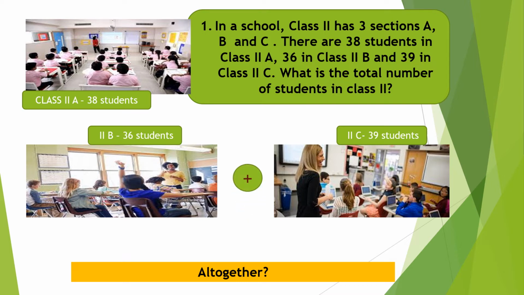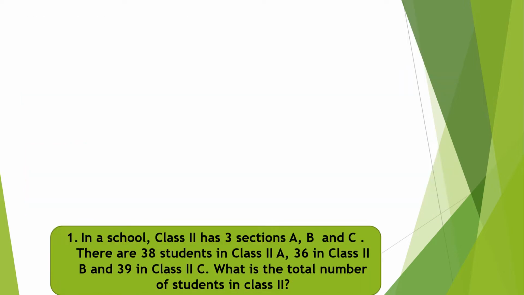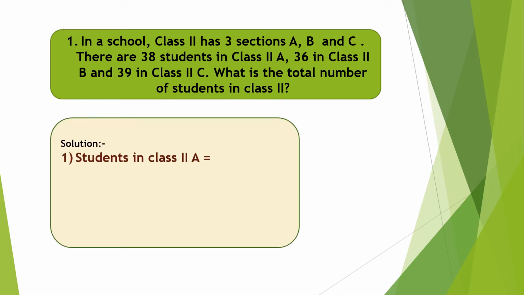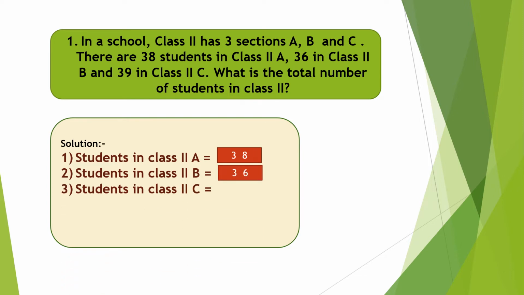So, let's move and write the solution. 1. Students in class second A, 38. Students in class second B, how many? 36. Students in class second C, that is 39.